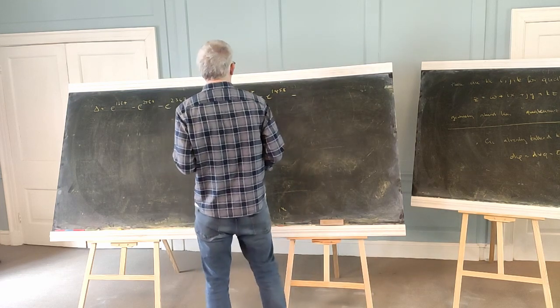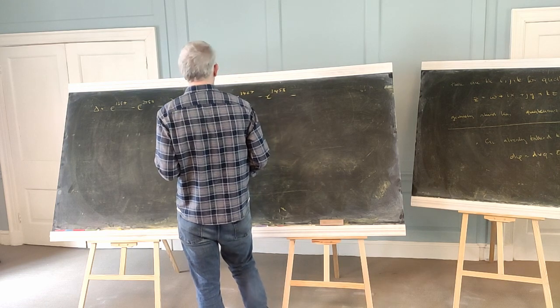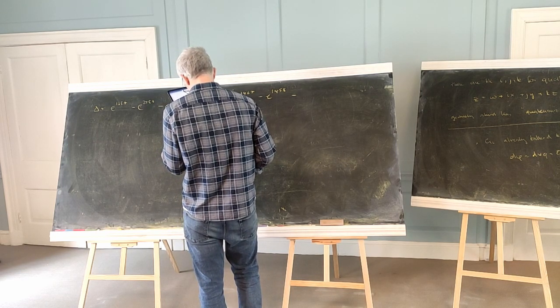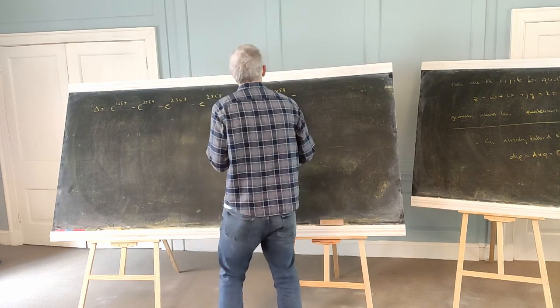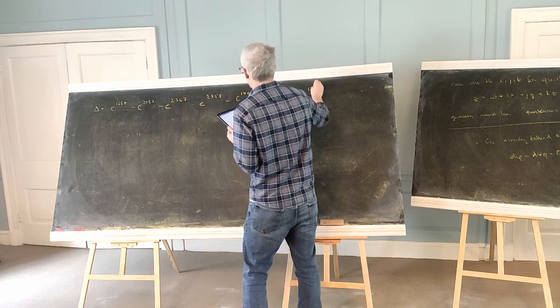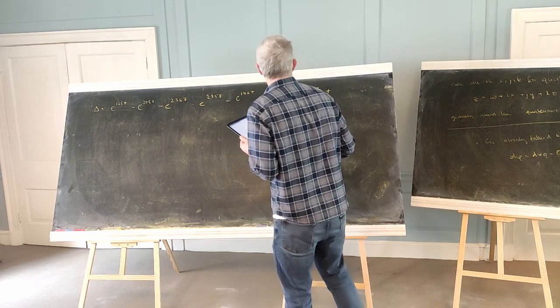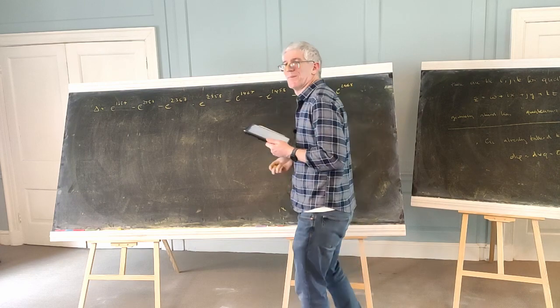How am I doing? 1, 2, 3, 4, 5, 8. And then I can do E1, 3, 6, 8, and then I could change all of them, and then I get an overall plus sign, 2, 4, 6, 8. Okay?